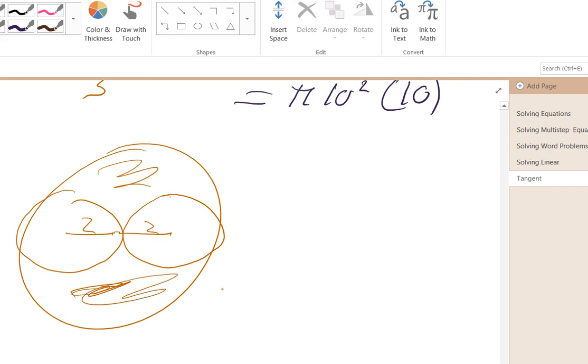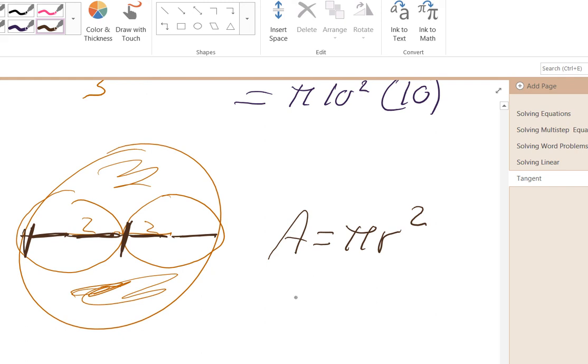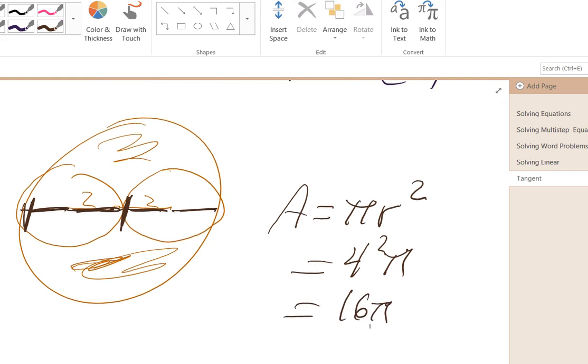So what we want to do is find the area of the big circle first. If this is 2 here, this is 2, this is 2, this is 2, it's not going to be 8 because the radius is going to be 4.